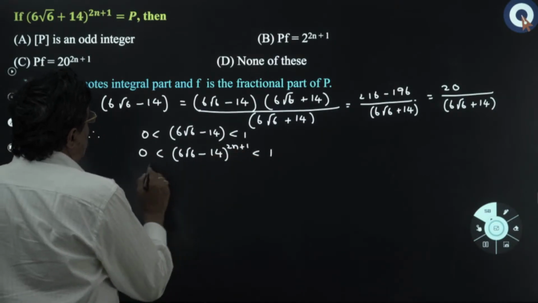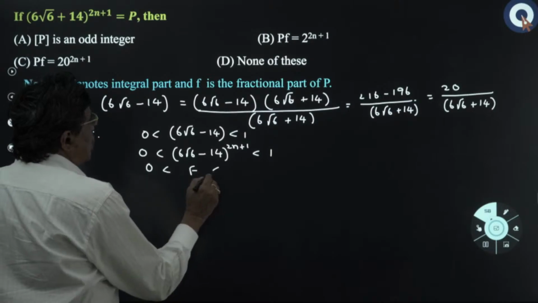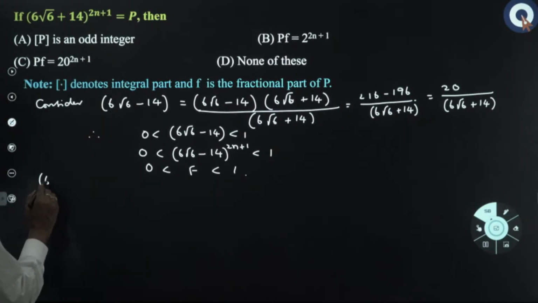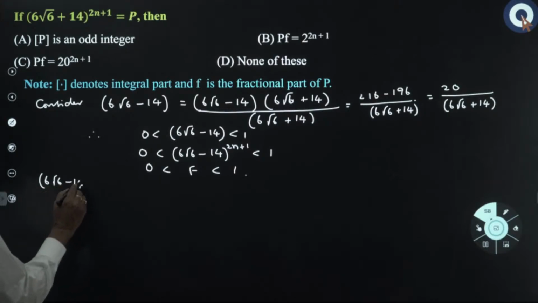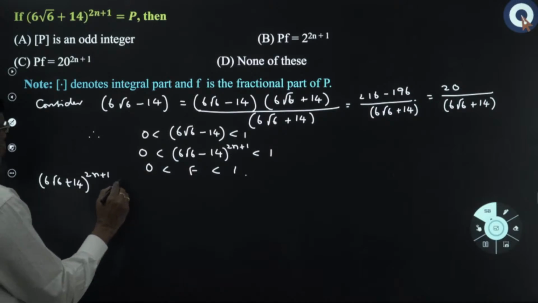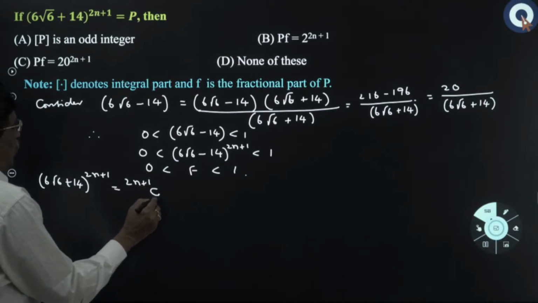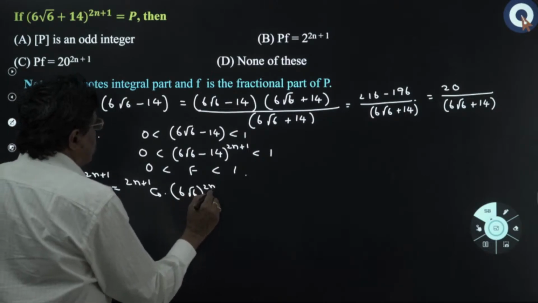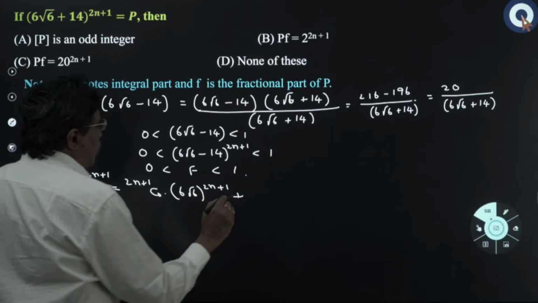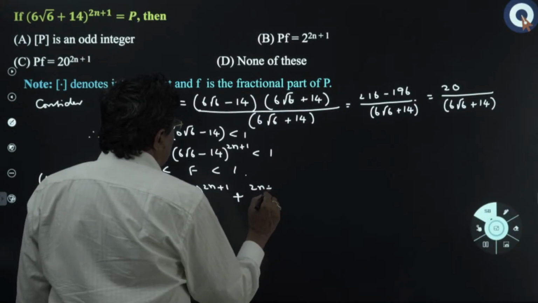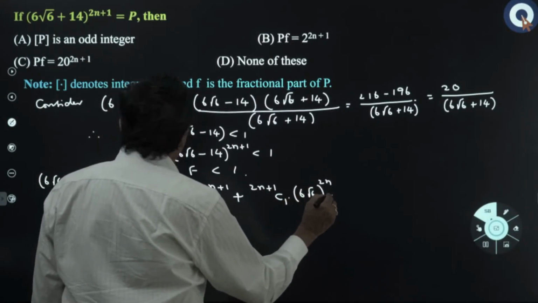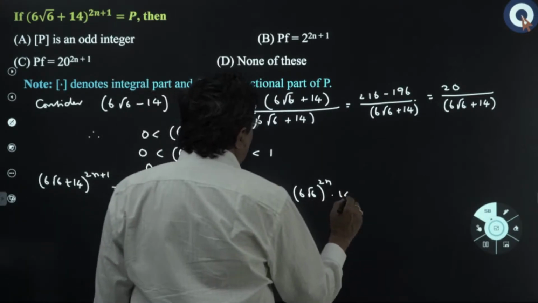Let me call this capital F. Now consider the expansion of (6√6 + 14)^(2n+1), which is (2n+1)C_0 (6√6)^(2n+1) plus (2n+1)C_1 (6√6)^(2n) times 14 and so on.